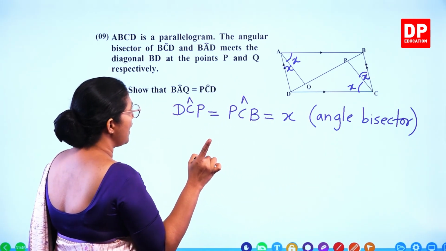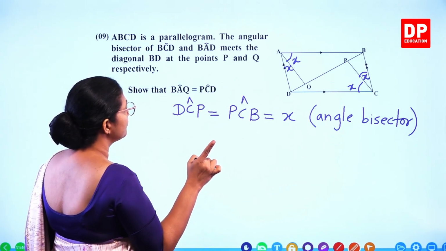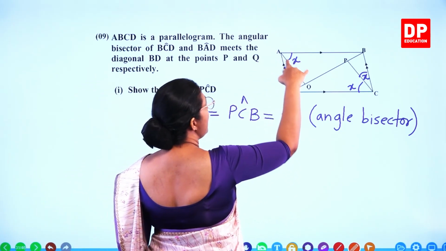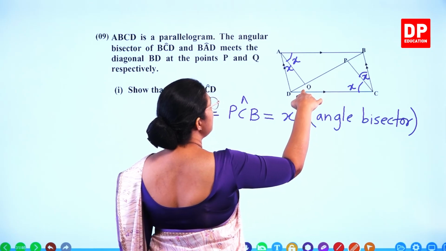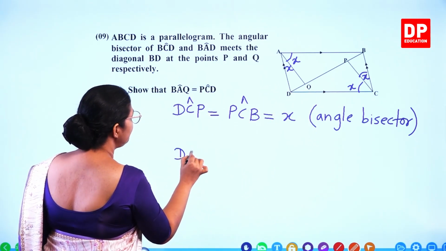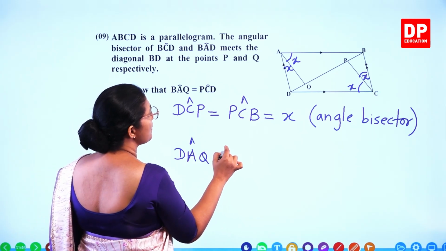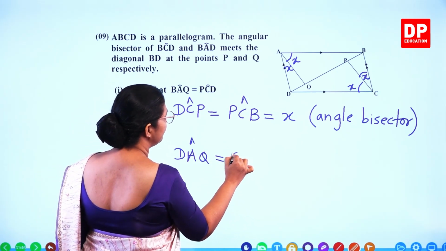Same thing, you can write angle DAQ is equal to angle QAB.